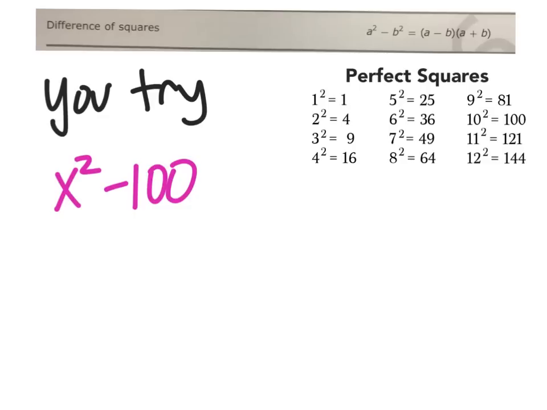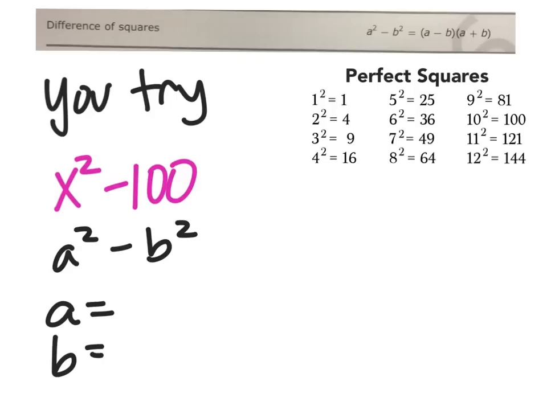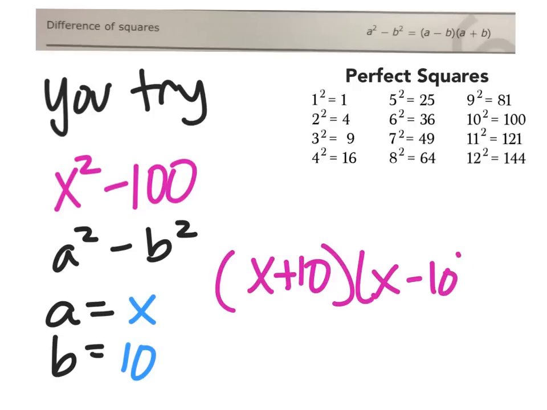You go ahead and give it a try with x squared minus 100. Well, what was squared to give me x squared? Simply x. And 10 was squared to give me 100. So this factors down to (x plus 10) times (x minus 10).